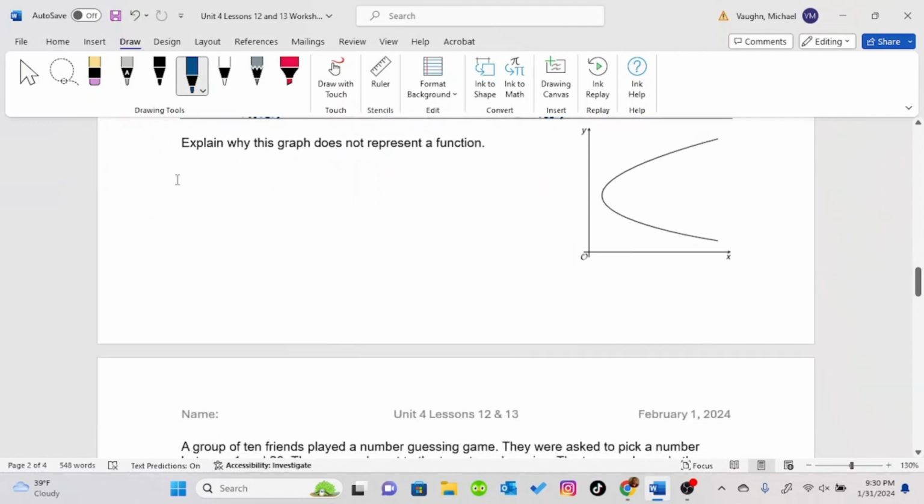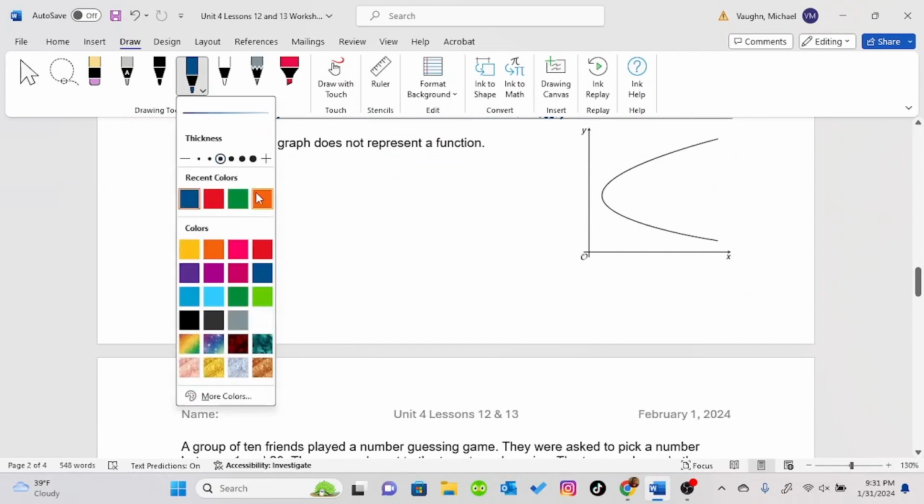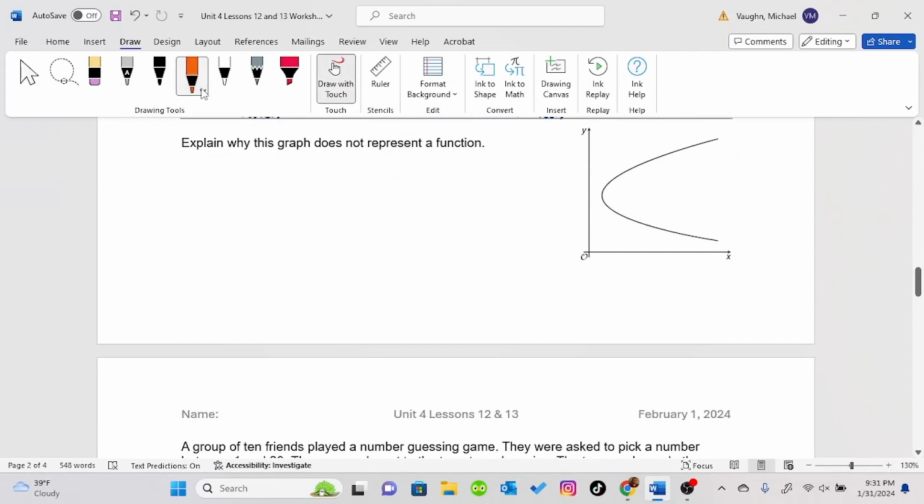And the last question for lesson 12. Explain why this graph does not represent a function. Remember, we have the vertical line test.